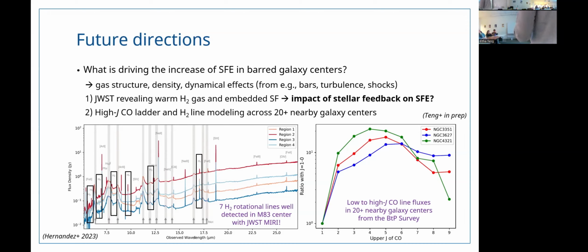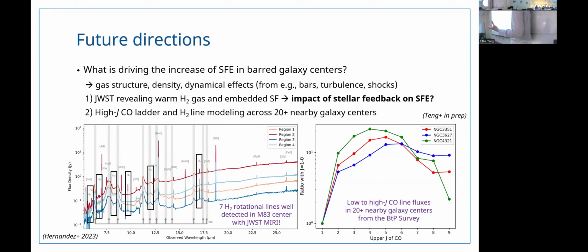So only when we have the correct alpha CO can we move on to reveal the true variation of star formation efficiencies.